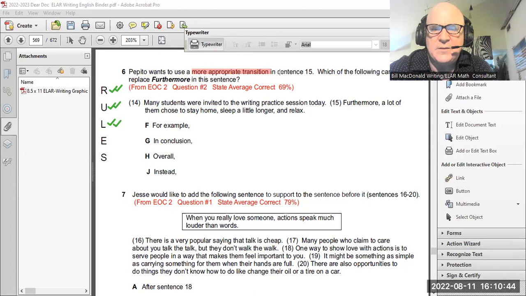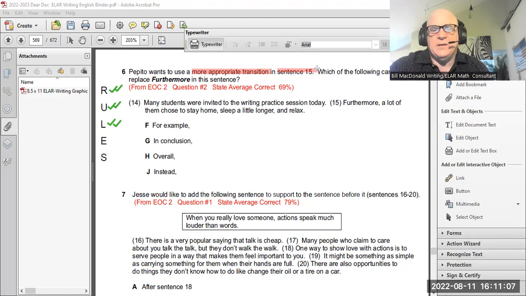In sentence 15. Okay. So if they were to ask your students in the future, what is the change that needs to be made? It'll be the one that we're going to do right here in multiple choice. And where does it need to be made?